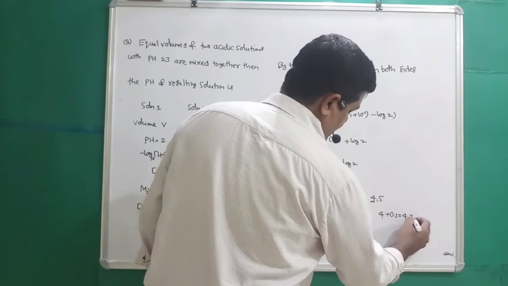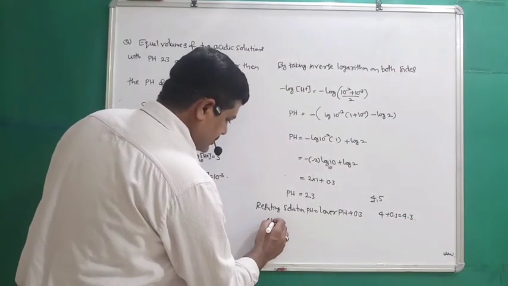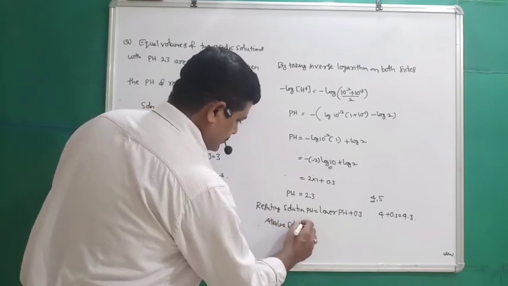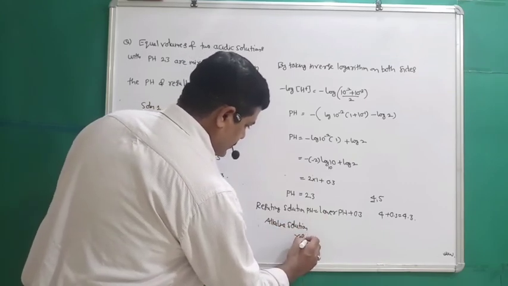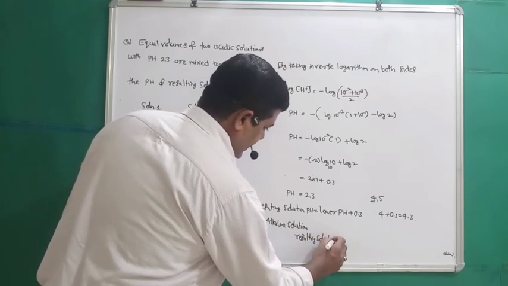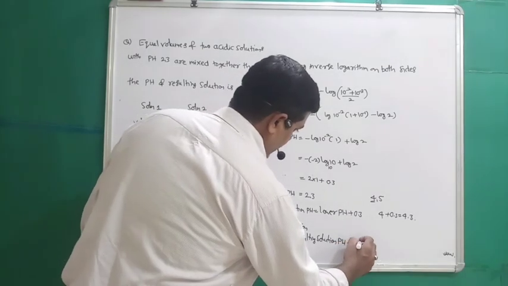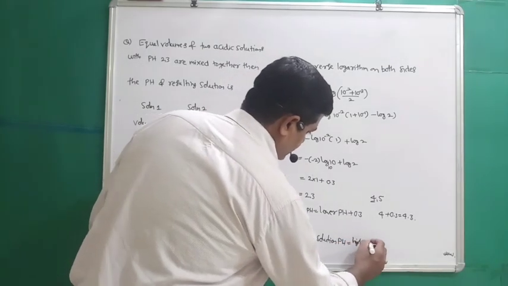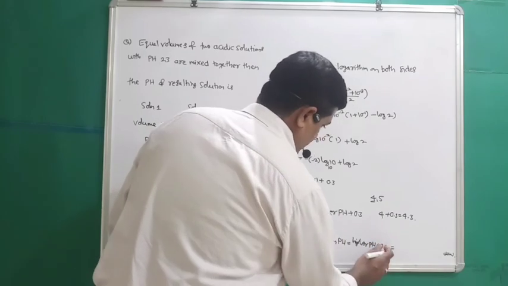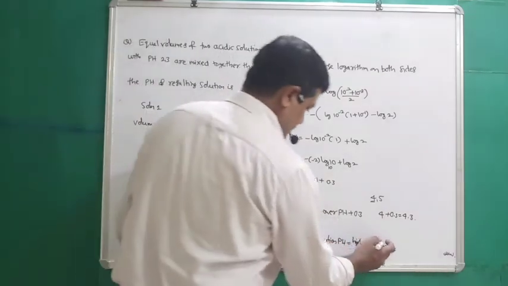Whereas for alkaline solutions, when they are mixed in equal volumes, the resulting solution pH is equal to the higher pH minus 0.3, right?